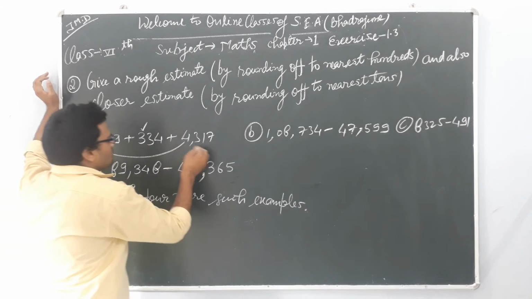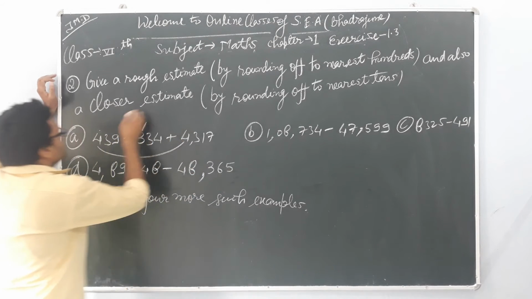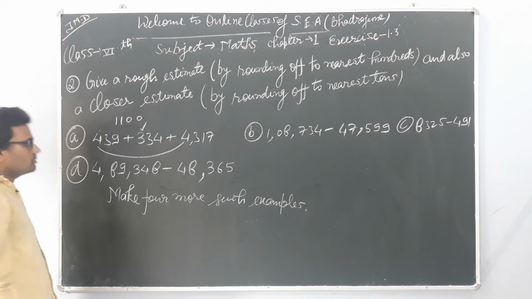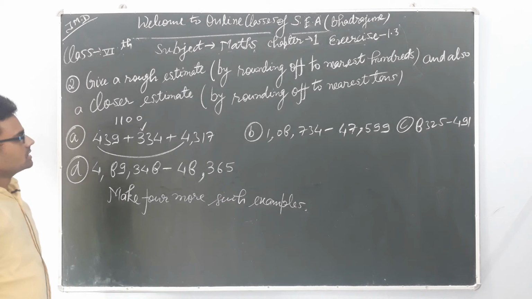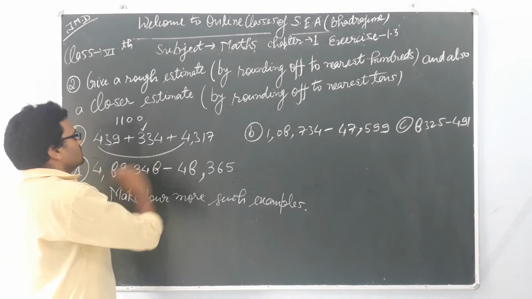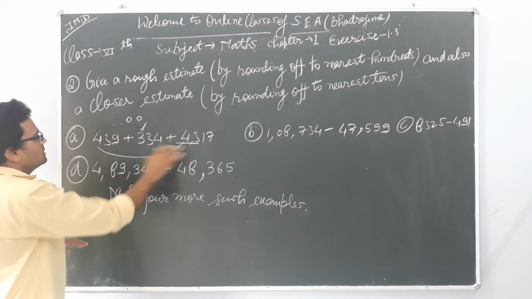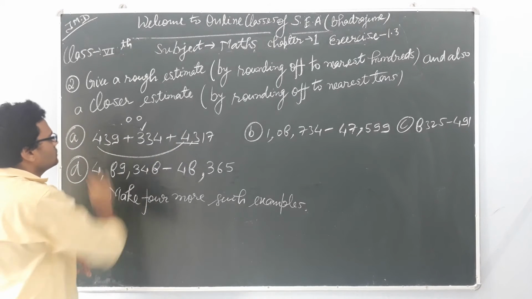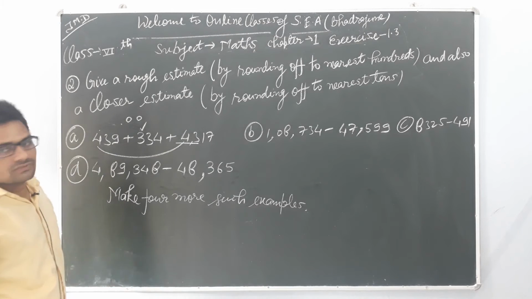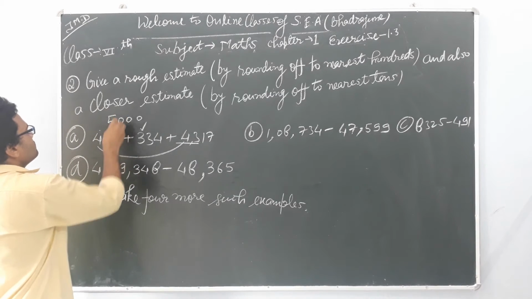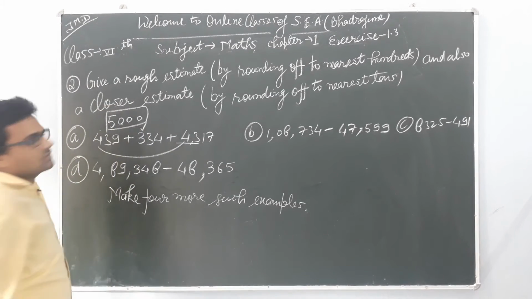So the closer up to hundreds is 1100. Now for tens, this is 4300. 43 plus 4 is 47, 47 plus 3 is 50. This is 5000.